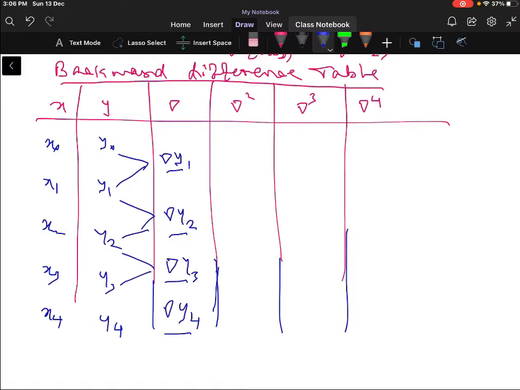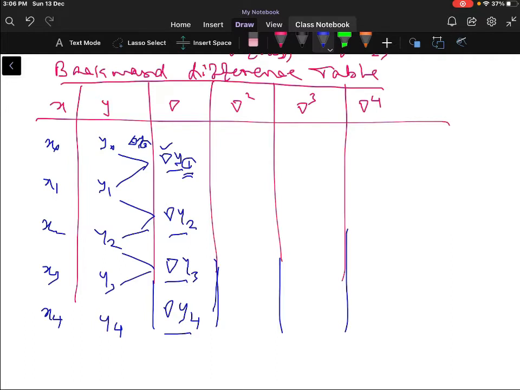Let us see the difference between forward differences and backward differences. Nabla y1 is y1 minus y0. Delta y0 is also the same, y1 minus y0. So the difference is in the suffixes: here suffix 1 is written, but there I have taken y0, and in place of delta we write nabla.